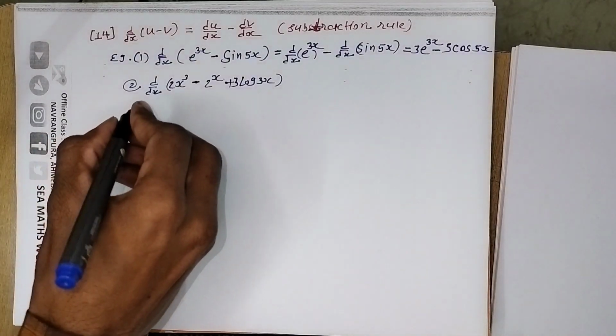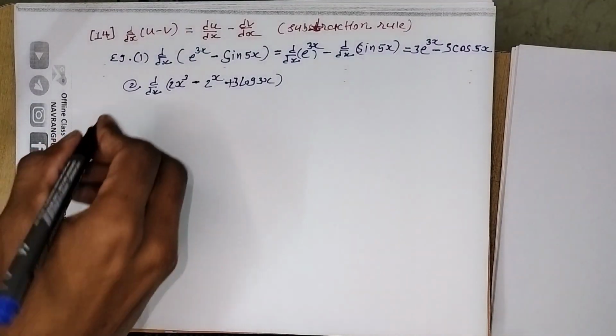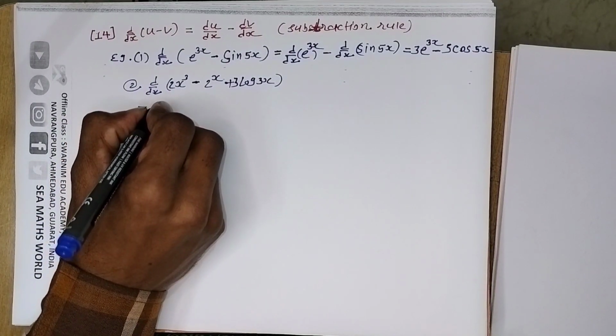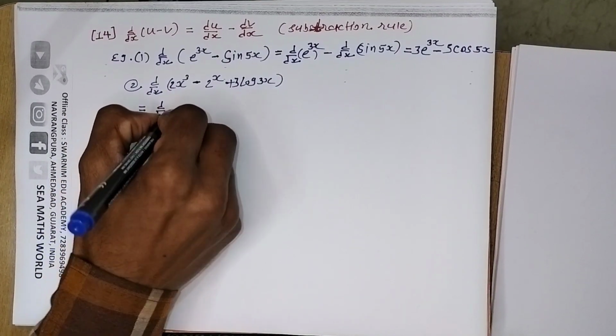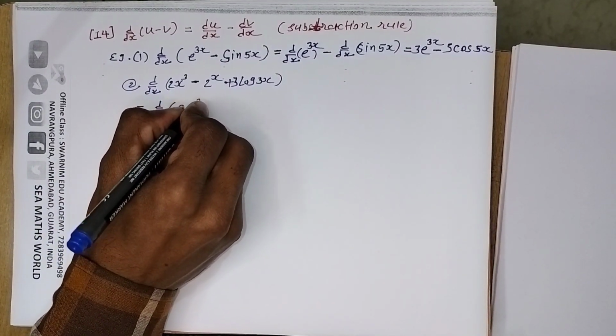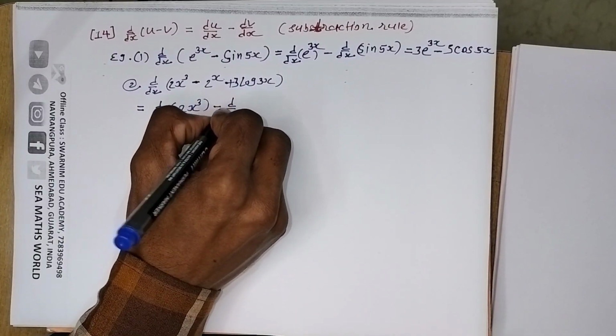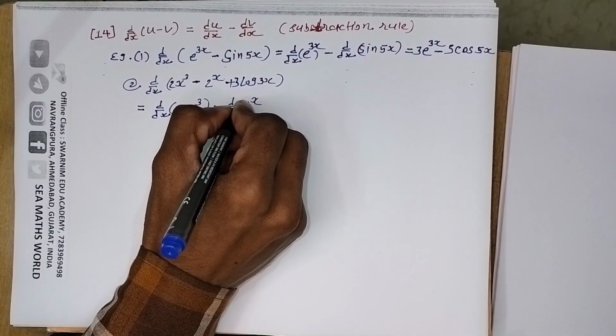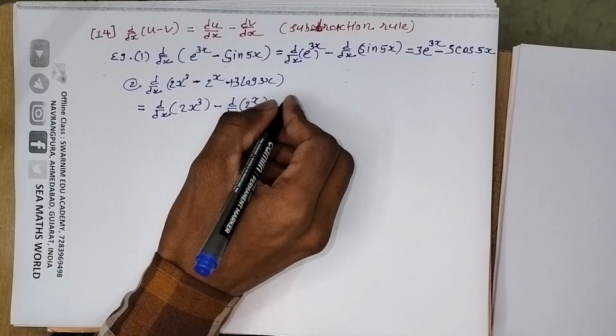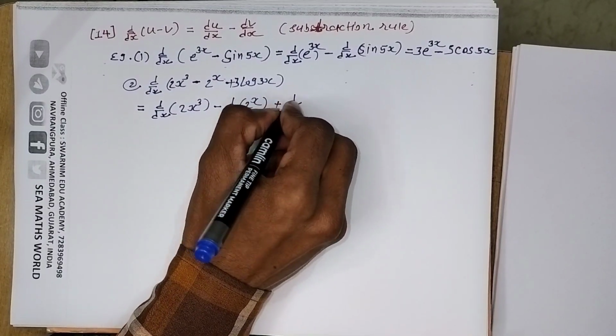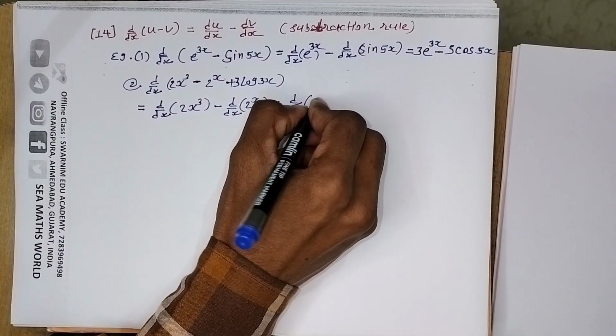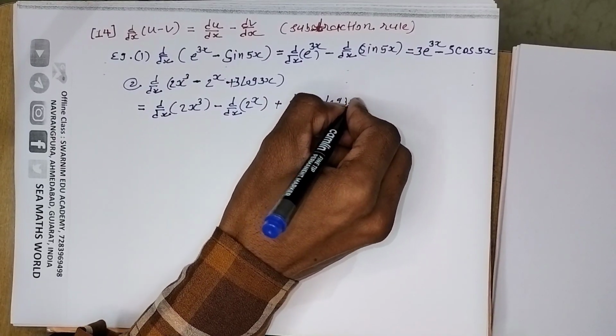What we'll do here? Apply differentiation separately to the whole term. Differentiation of 2x cube minus differentiation of 2 raised to x plus differentiation of 3 log 3x.